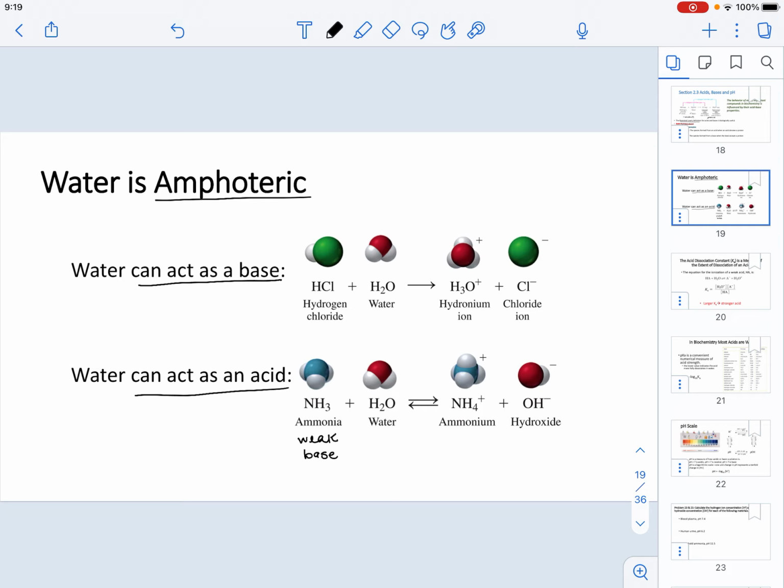So that means that we are going to form ammonium, which is the conjugate acid of the system, and we're going to form hydroxide, which is the conjugate base of the system.